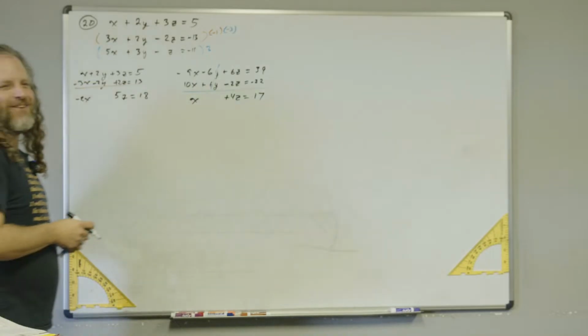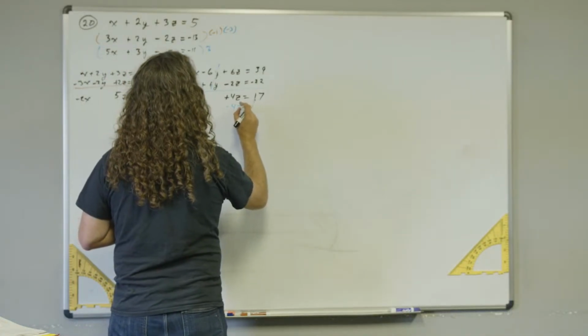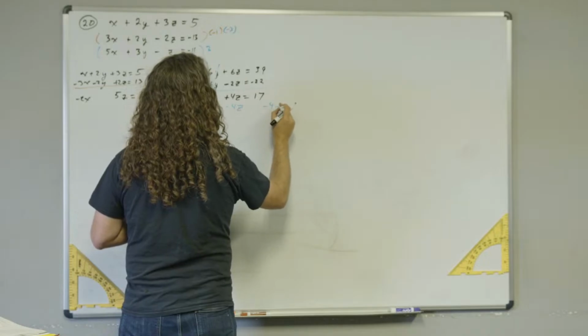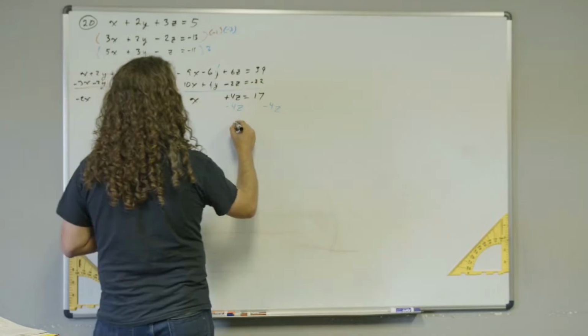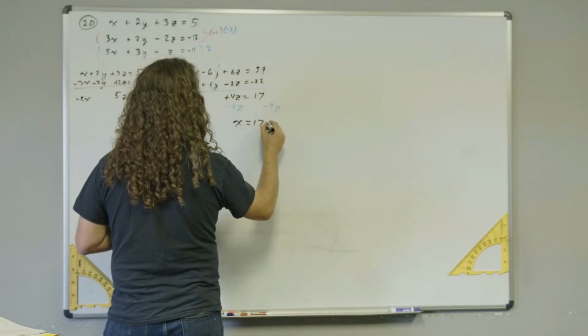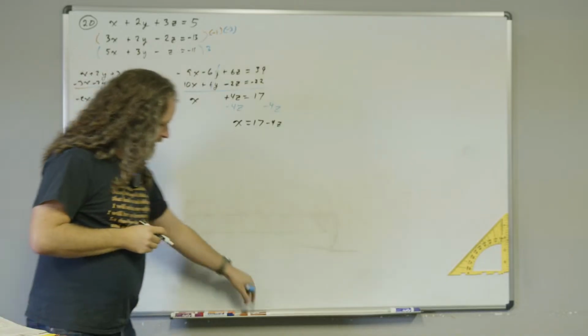Substitution. Yeah, why not? Substitution is fun. x equals 17 minus 4z. Great.